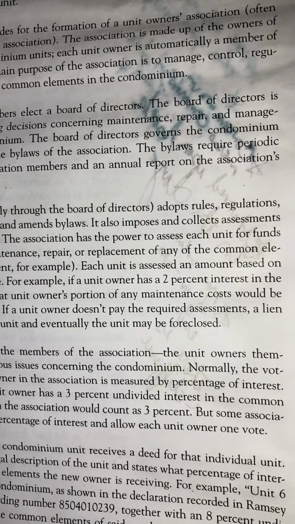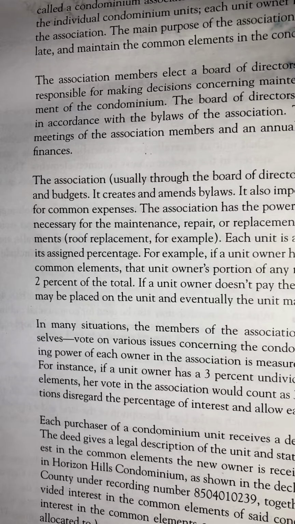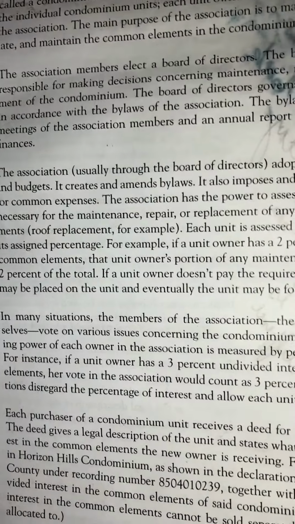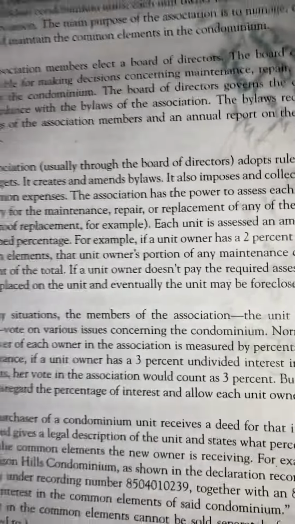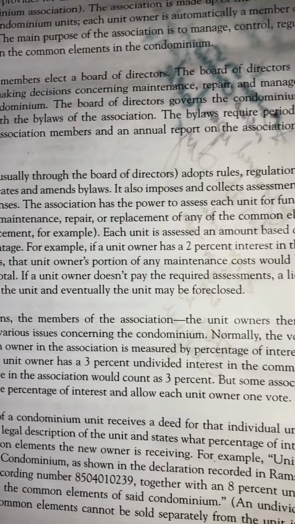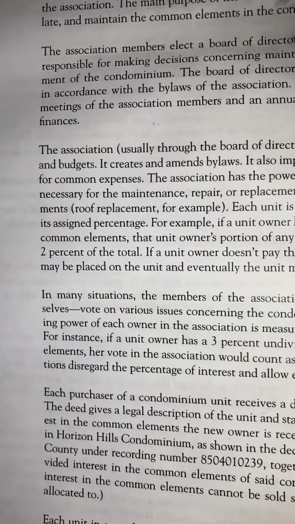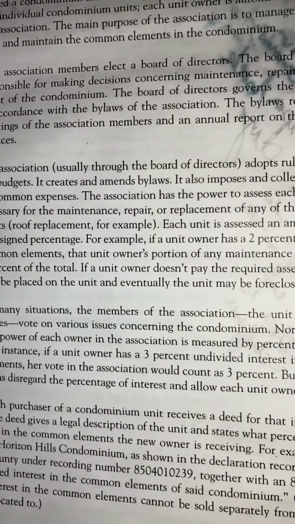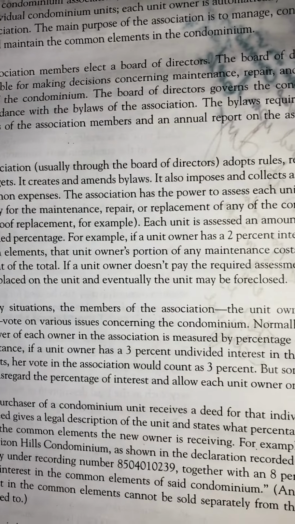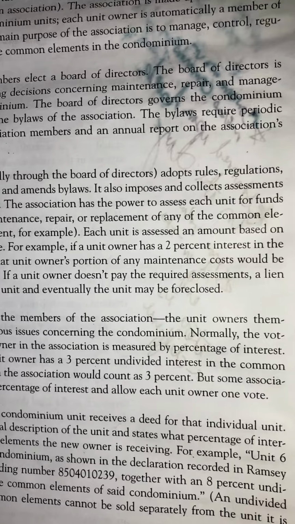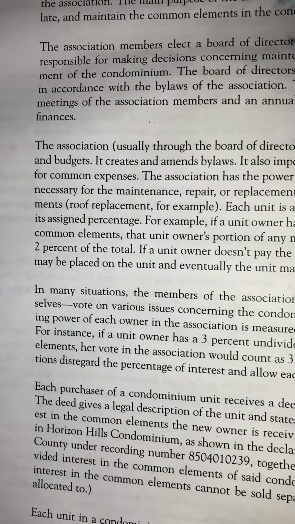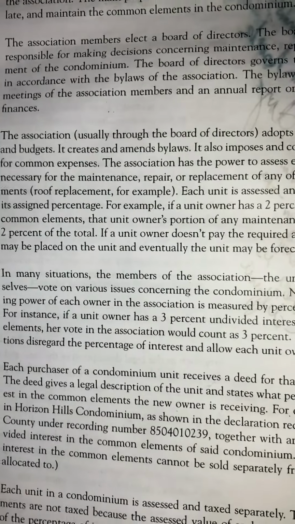Each unit is assessed an amount based on its assigned percentage. For example, if a unit owner has a 2% interest in the common elements, that unit owner's portion of any maintenance costs would be 2% of the total.